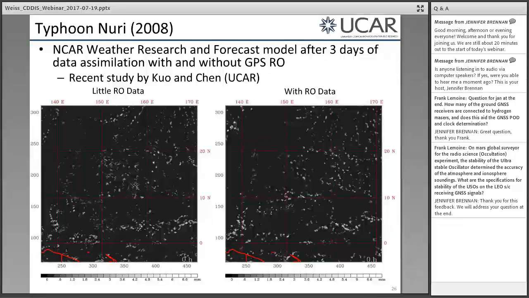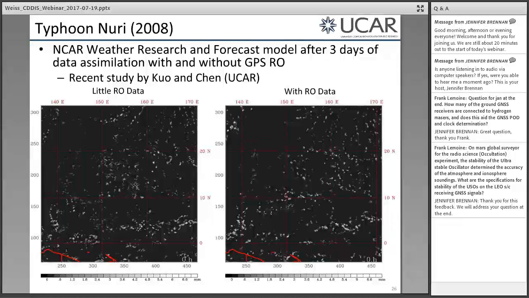Usually, when you assimilate RO data into a model, a lot of quality control goes on. When you have a region where, say, a typhoon might be developing, the atmosphere will be fairly moist, and that may not agree very well with a background model or a prediction from an earlier model run. That often will cause a lot of the RO data in that region to get kicked out in the QC up front and then not get used.